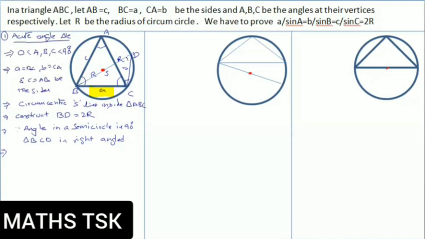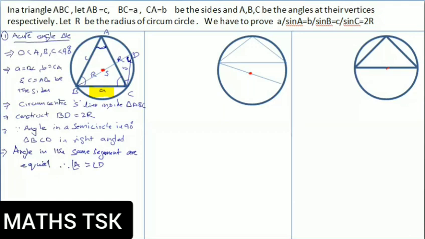We know that angles in the same segment are equal. Here is angle D, here is angle A. Therefore, angle A is equal to angle D.